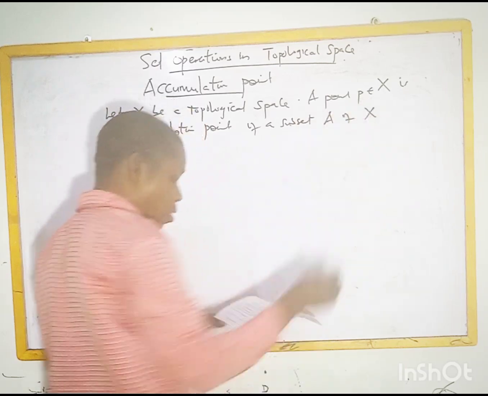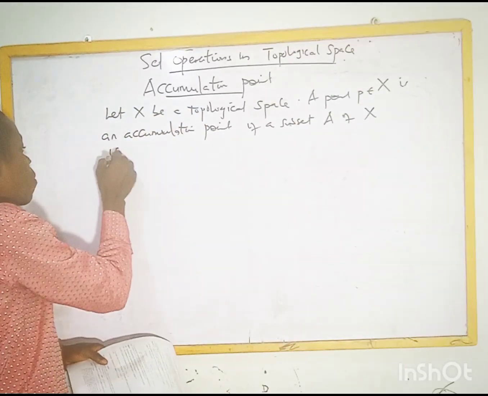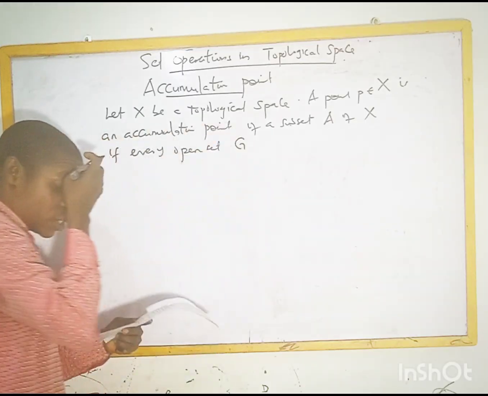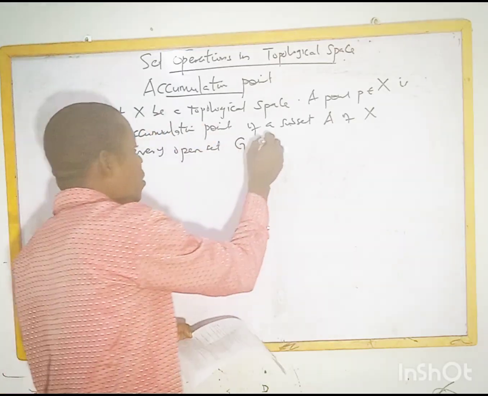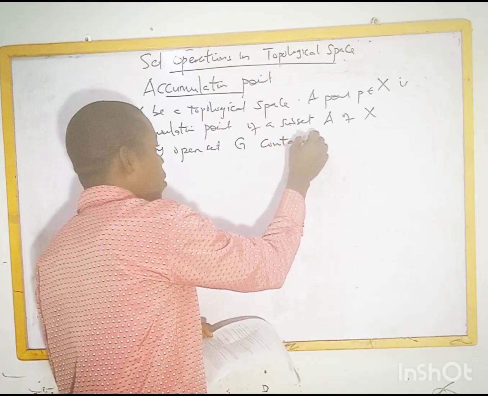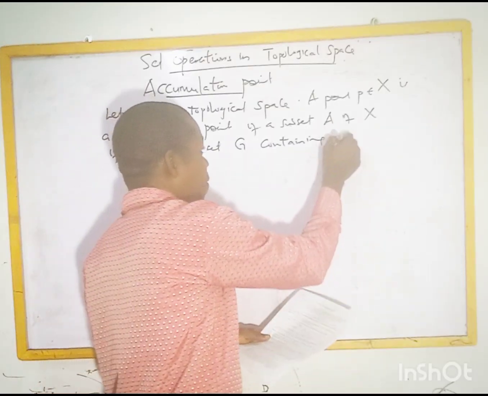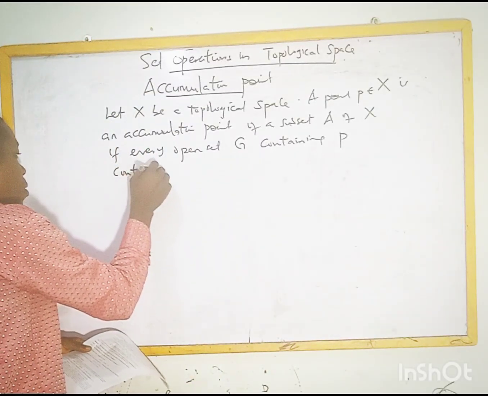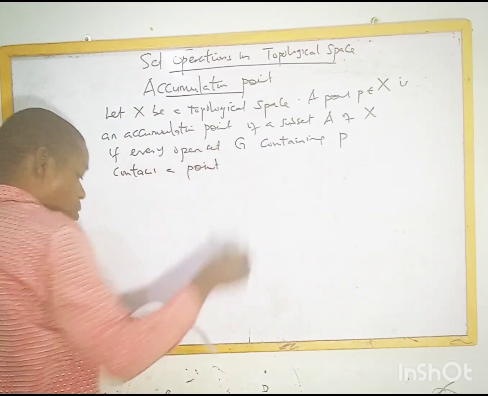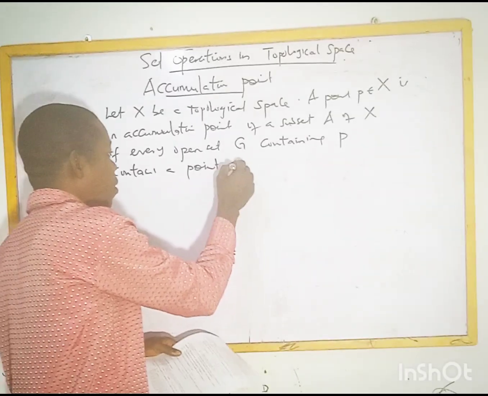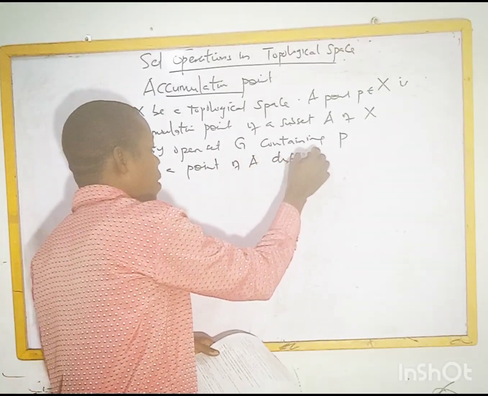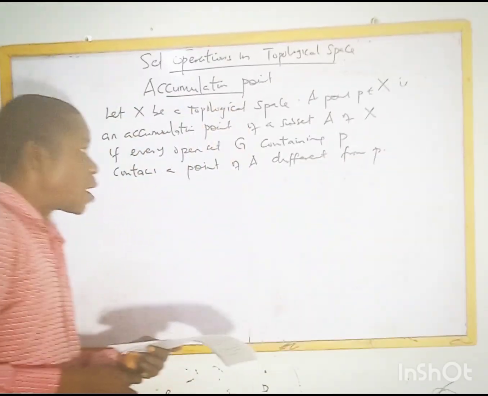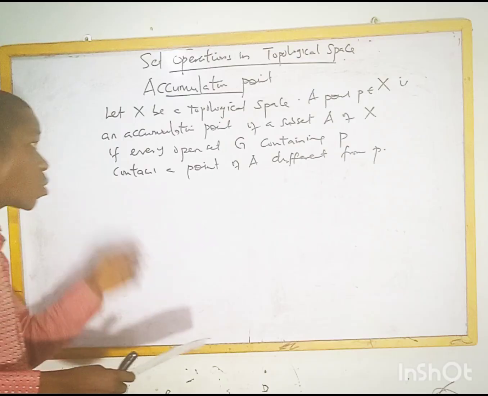of X if every open set G containing P contains a point of A different from P. Now look at it, what does it mean?